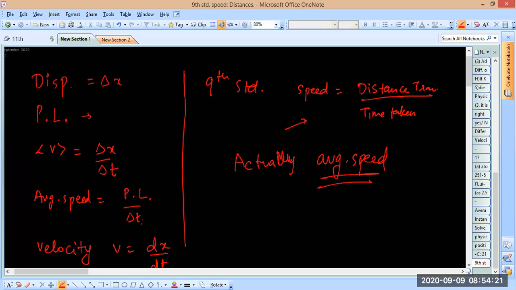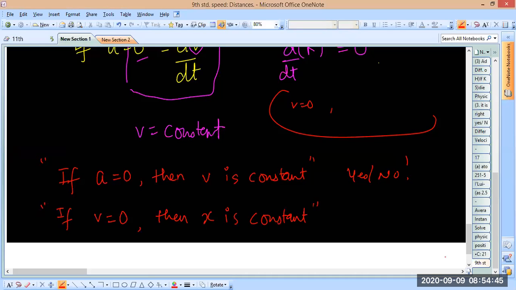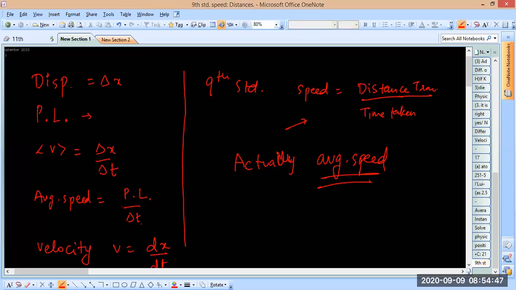No, Ayushi, that is also not speed. Distance covered per unit time is also not speed. That is average speed. So again, everyone, distance traveled divided by time taken or path length upon time interval, this is all average speed.